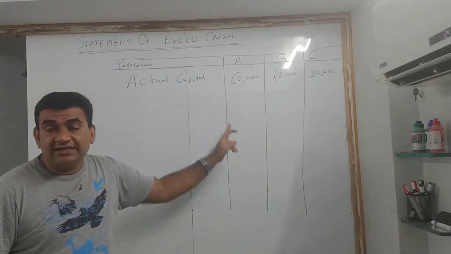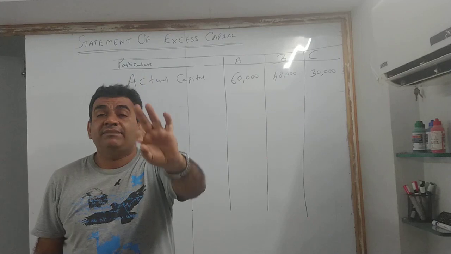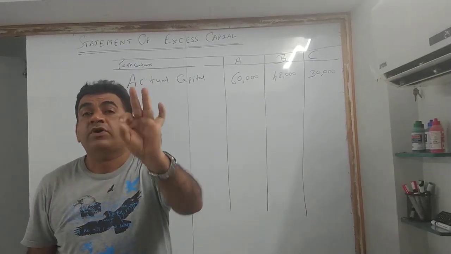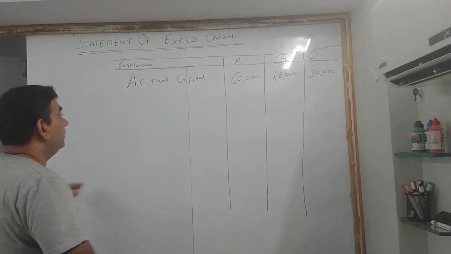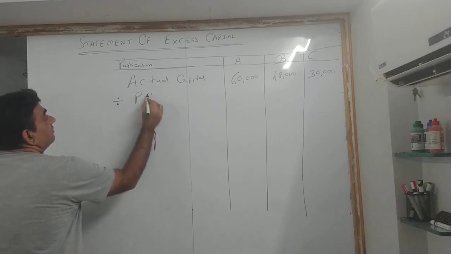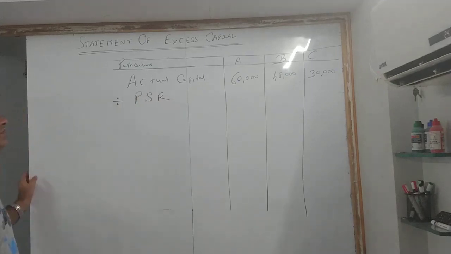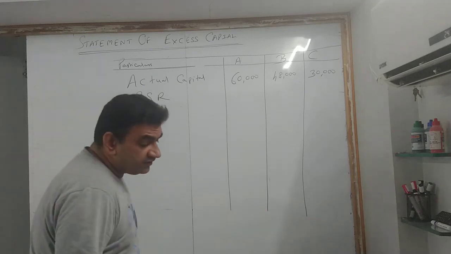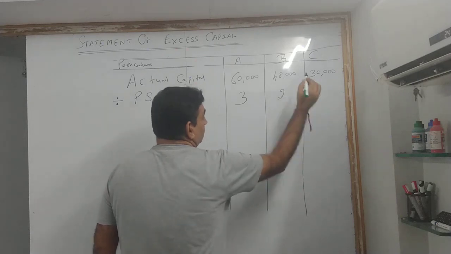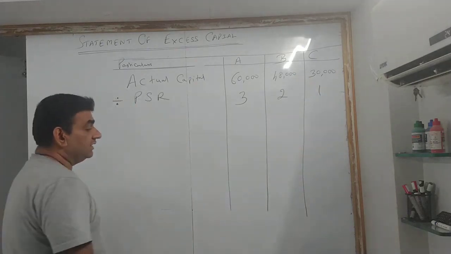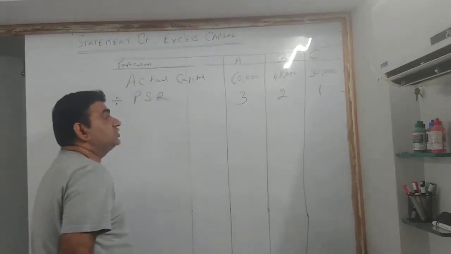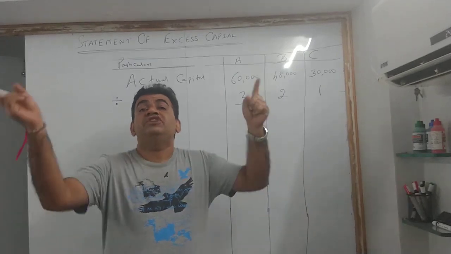This actual capital, now we will divide by the PSR, that means profit sharing ratio. So you put a division sign, divide by PSR. Now what is the ratio given? 3 for A, 2 for B and 1 for C. Okay? 3, 2, 1 is your PSR. Now you divide it.